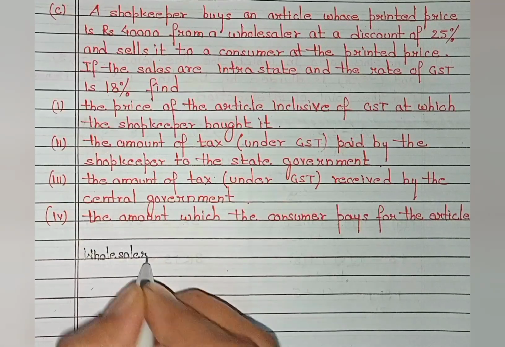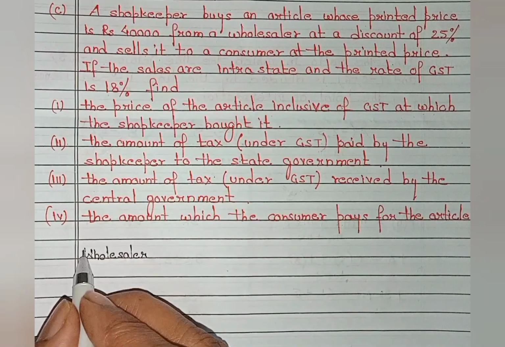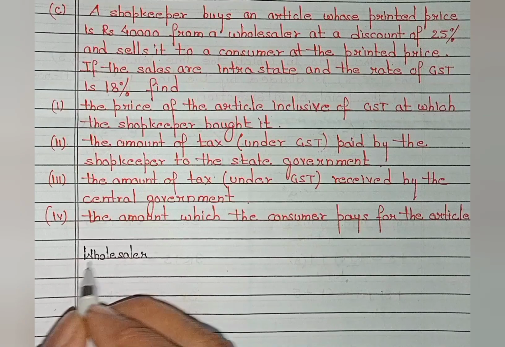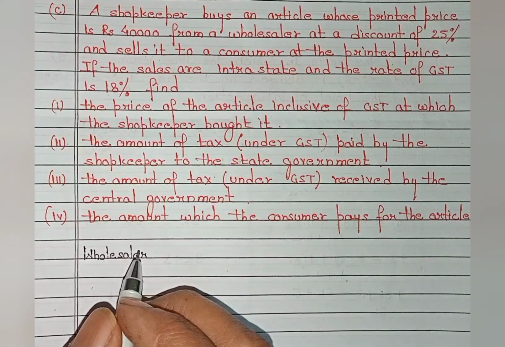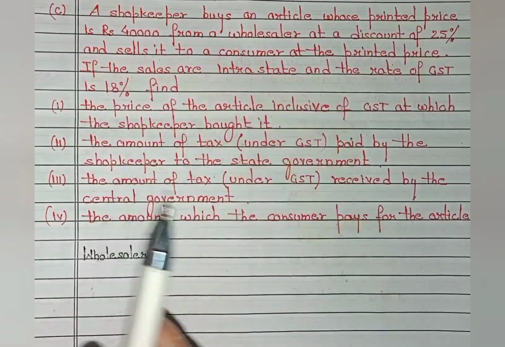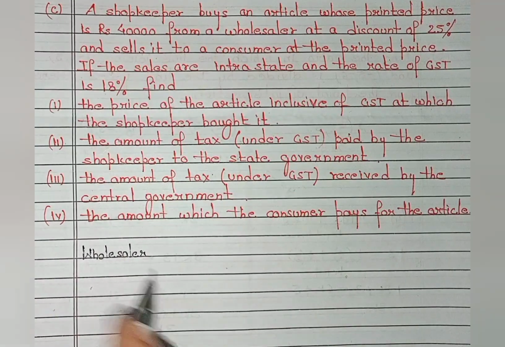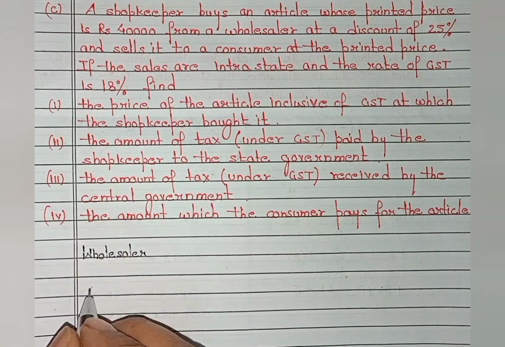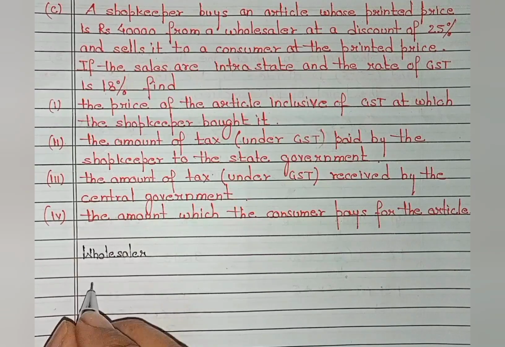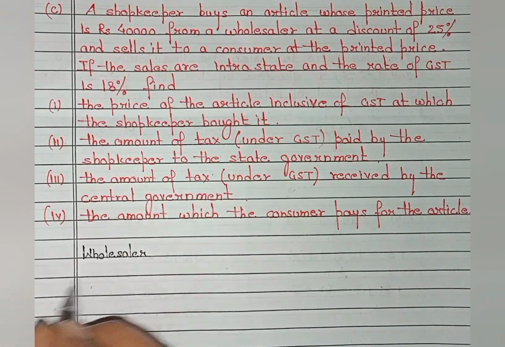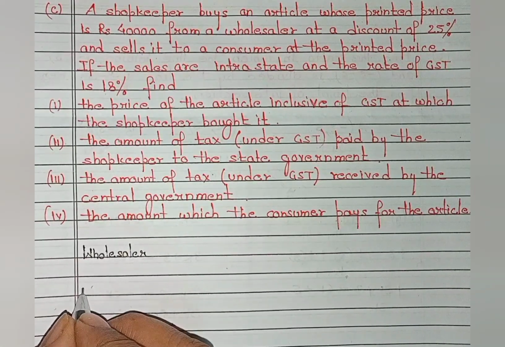Now if you go through the question, you can see there is no cost given for the wholesaler. So what we will be doing, we will be taking the input tax for wholesaler as nil because there is no cost for him.